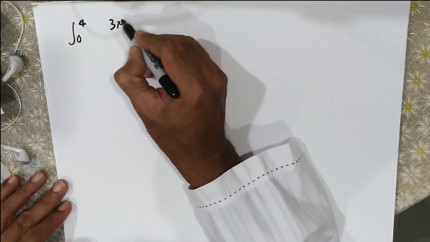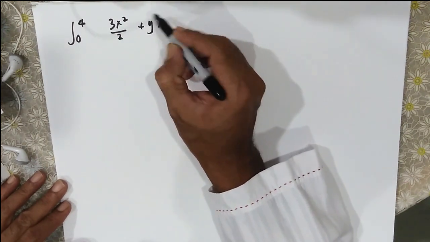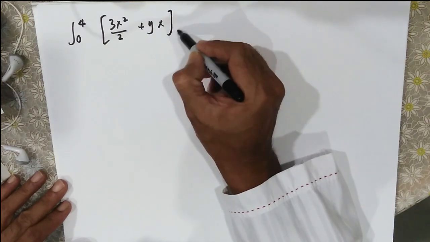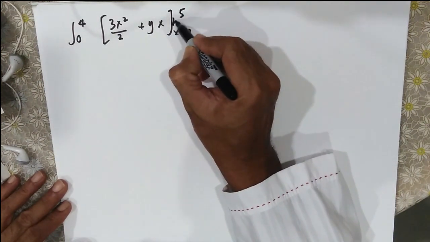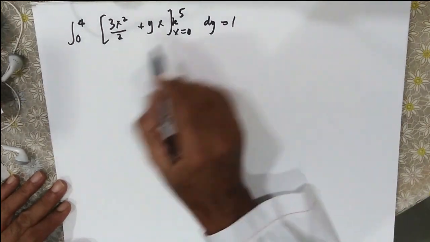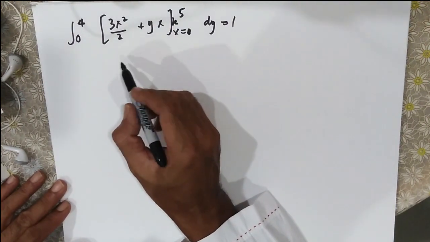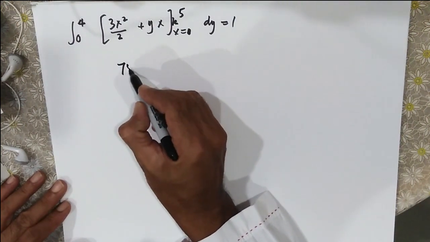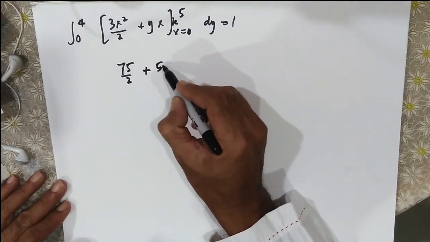I have 3x squared over 2 plus yx, substitute for x from 0 to 5. Here you have k, then dy equal to 1. So you substitute there, you get 25 multiplied by 3 is 75 over 2 plus 5y.